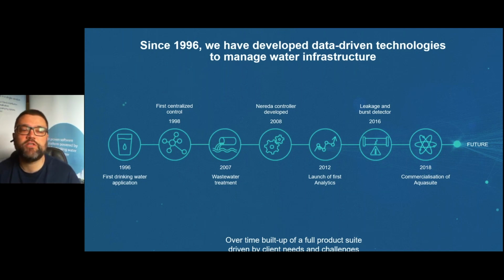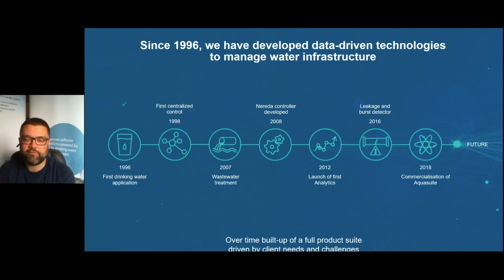And their big challenge was, how did they balance the water supply to that city while still ensuring people got enough water, but they didn't breach their abstraction limits. And that was really tough for them because they didn't know how much water people needed. And we deployed our first Aquasuite algorithm and our first deployment of machine learning in 1996 onto that city to predict how much water they would need for the next 24 hours. And Aquasuite grew from there.